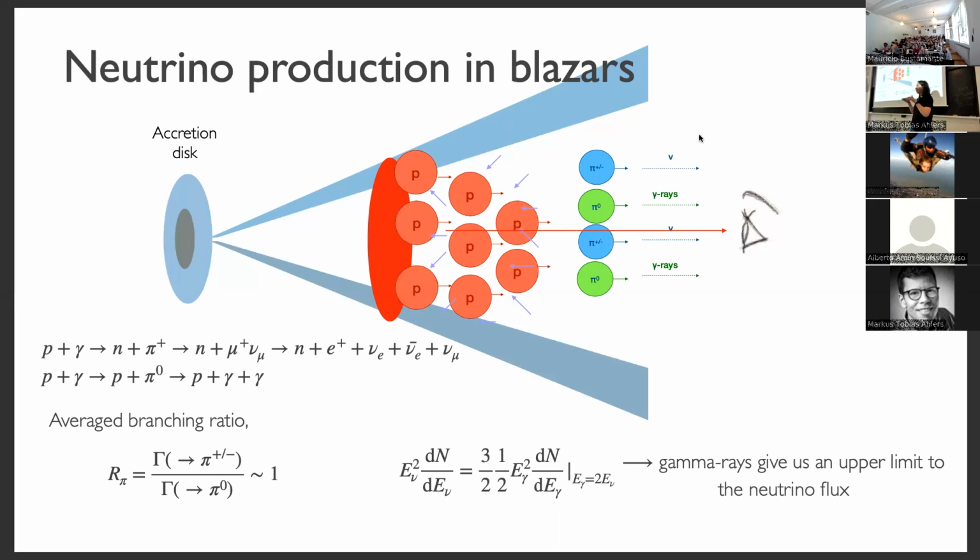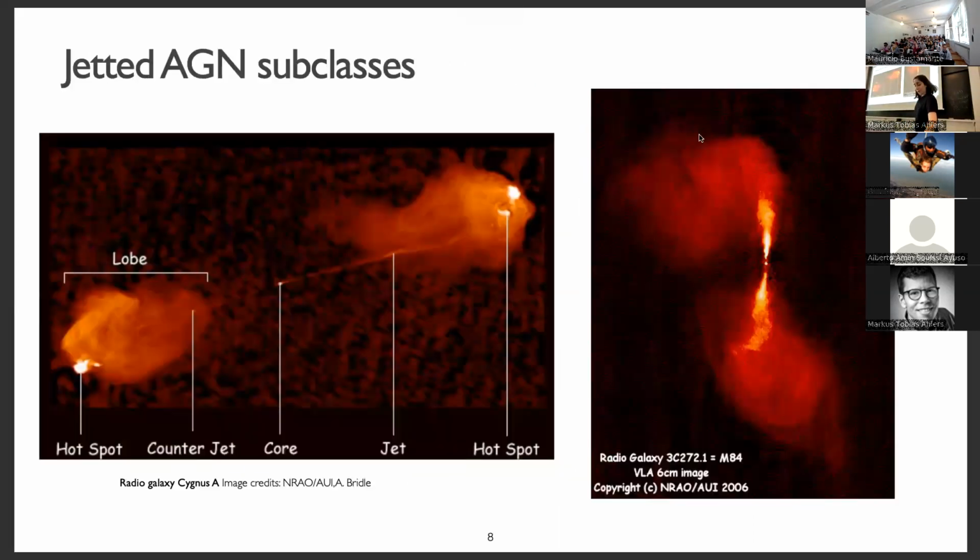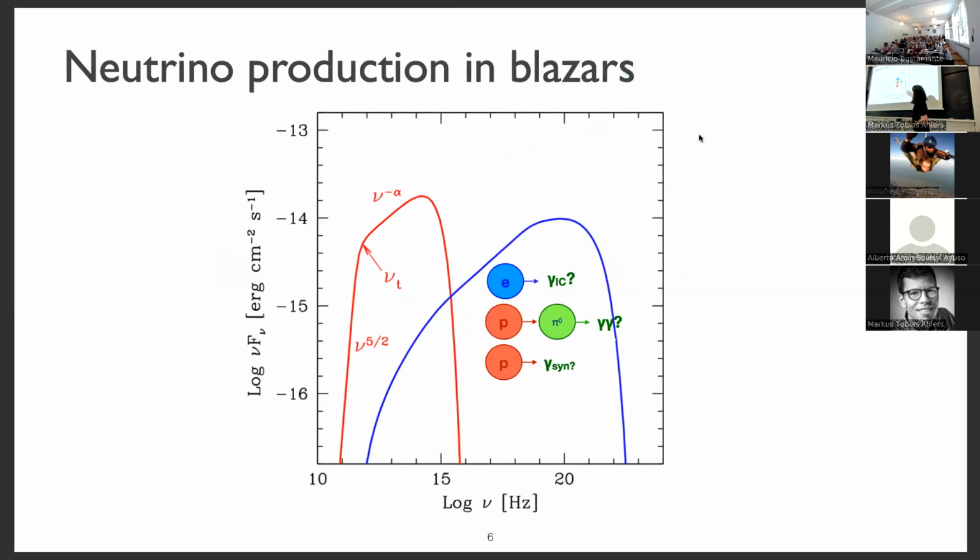But neutrinos have to be associated with gamma ray production because of this branching ratio. So if we were to go back to this source, we could say that the neutrino flux can be at most this much. Okay, is this clear to everyone?